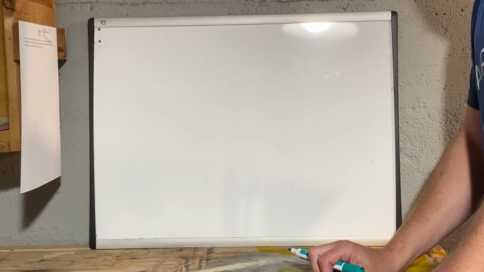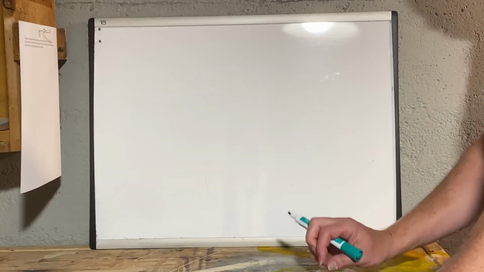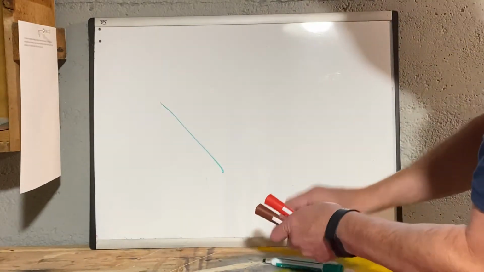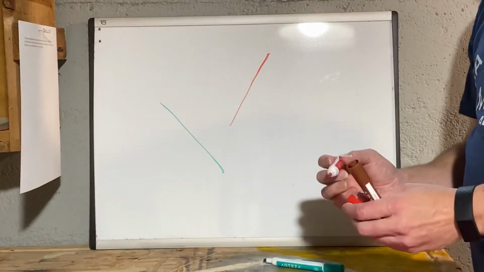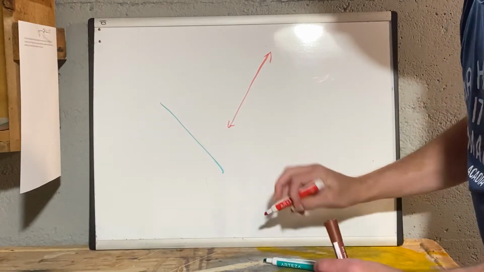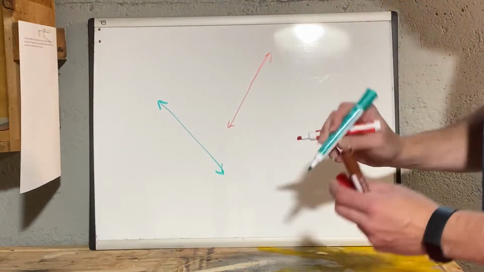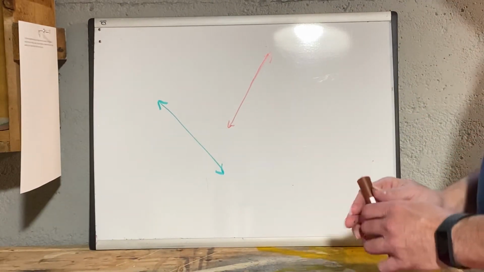Next, parallel lines. For lines to be parallel, they have to lie in the same plane. For instance, if you drew two lines on a whiteboard, those lines would lie in the same plane. Those arrows at the ends show that those lines theoretically go on forever.